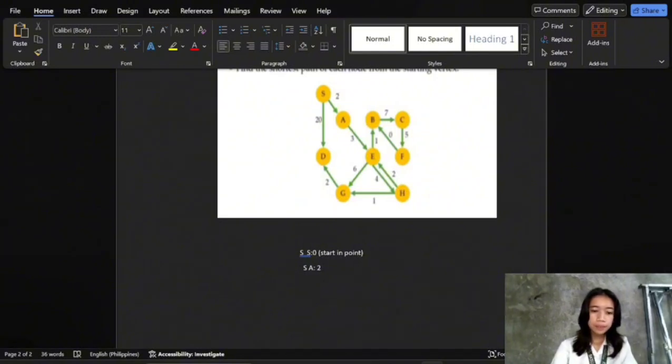This is S, E, 2. So the value of S and E is 3. No, 5 pala. 5.